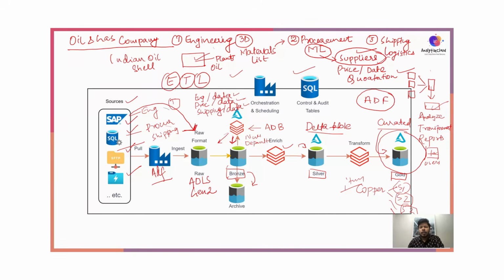In our coming video, we'll be doing a practical on all of this: saving the data into the gold layer, and then finally building a Power BI dashboard and showing you how exactly the data looks in Power BI.